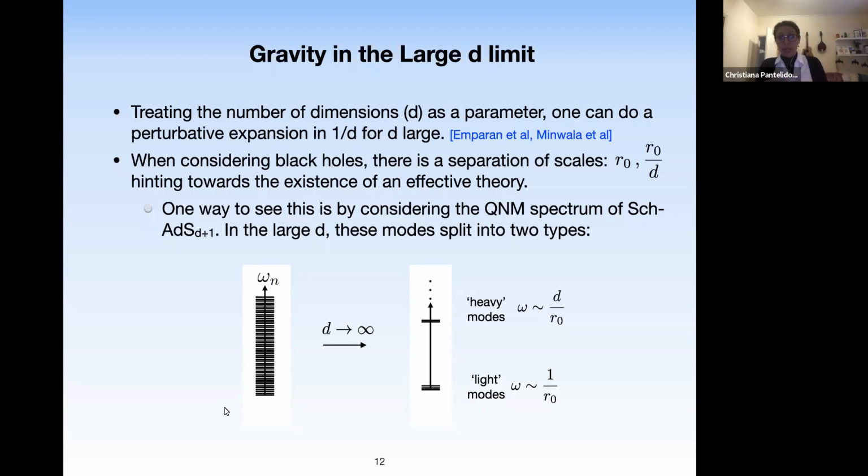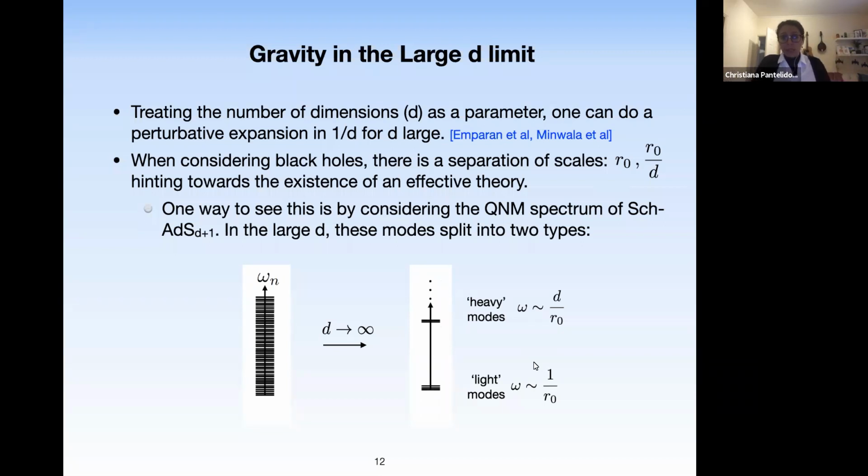We also have the so-called heavy sector, which includes all the remaining modes, which are heavy because they have frequencies that go like D over r0. So here we precisely see the two scales that I was quoting earlier. Because D is taken to be large, we have a separation of scales.